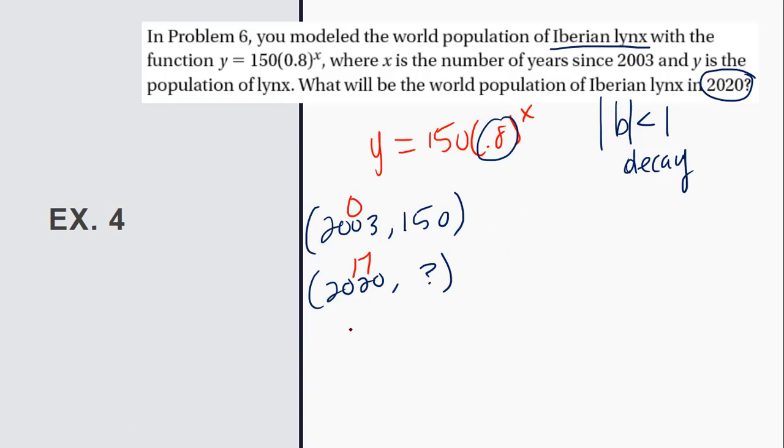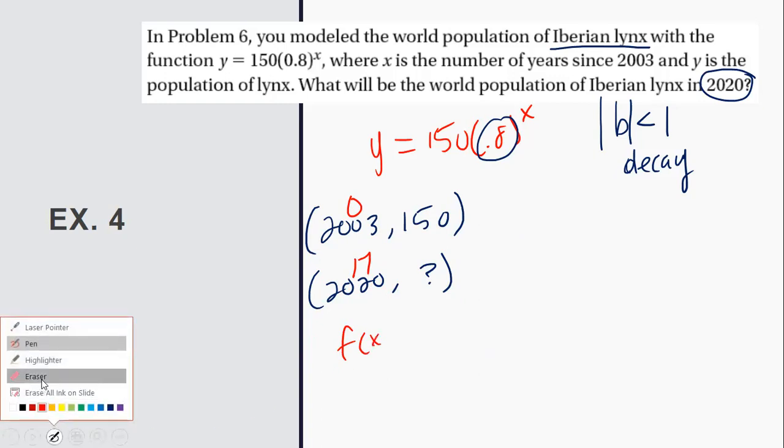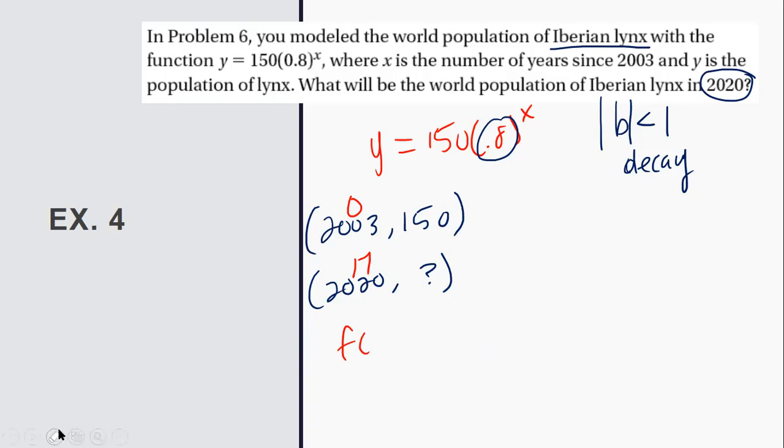So we're looking for, what is the value of this function after 17 years? So we're looking at f of 17. So if I have f of 17, it's just now a matter of me plugging it in. So how many lynx are left in the world after that time?